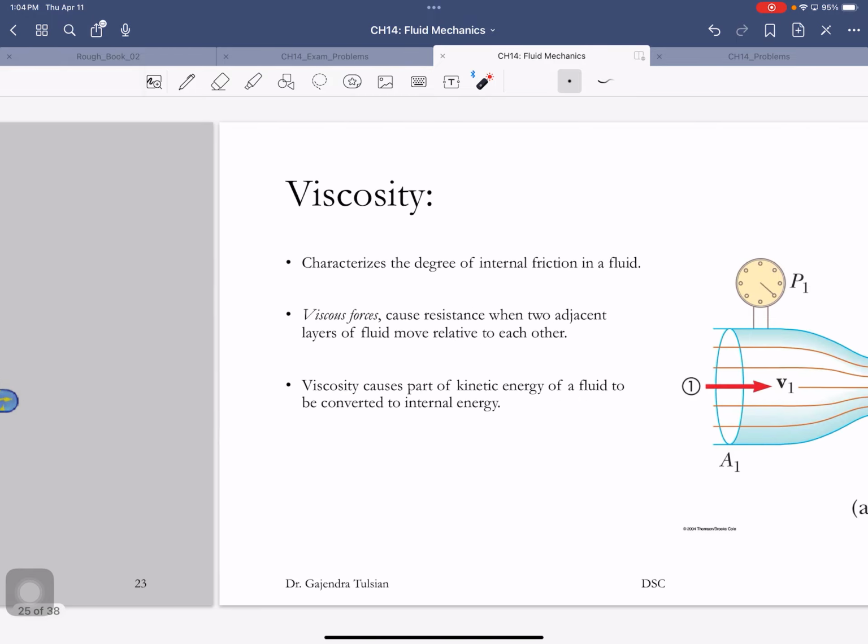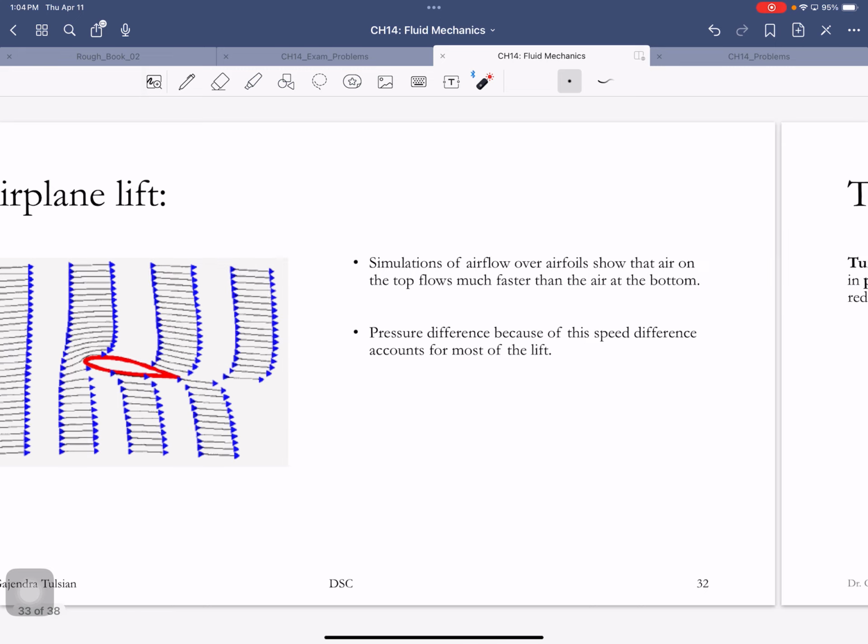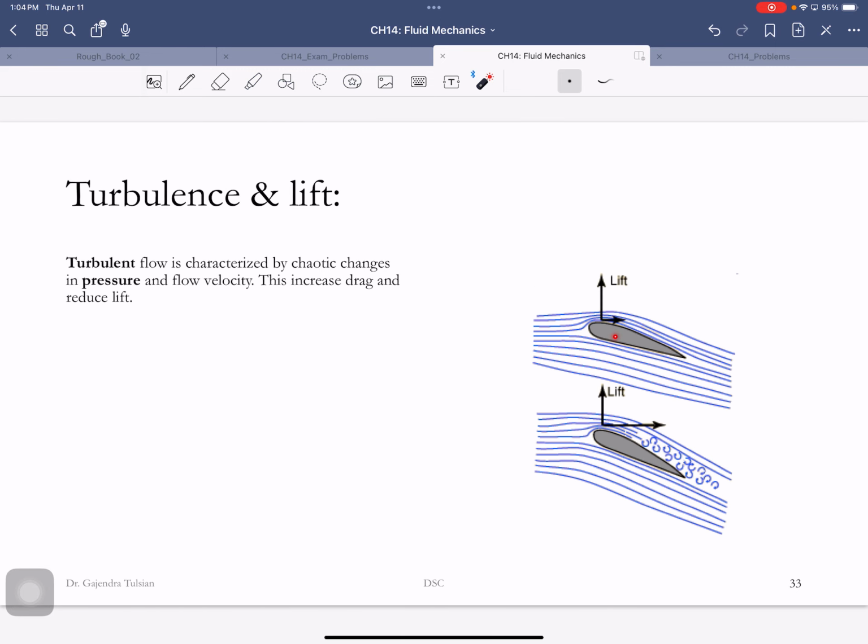So, for instance, here's a plane flying, and if the angle of attack is too large and this air becomes turbulent, then the drag on the plane increases and the lift decreases. So you might fall out of the sky.